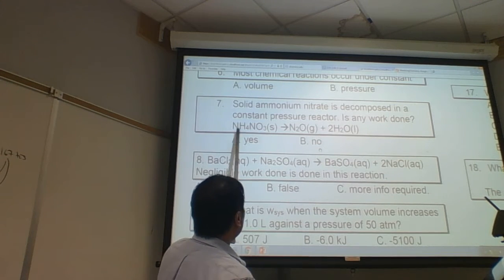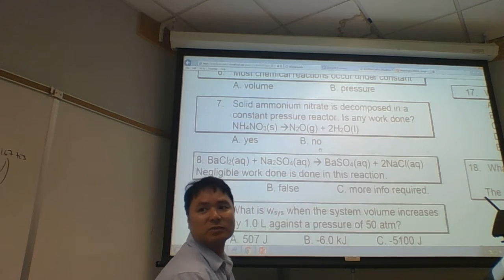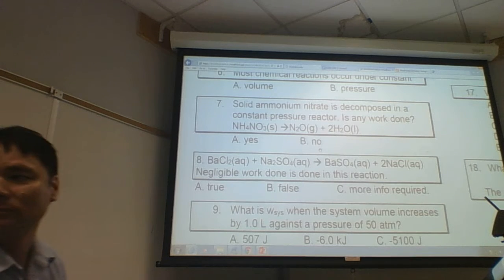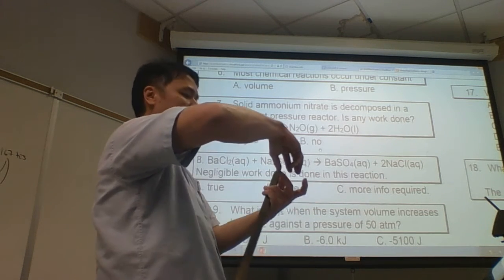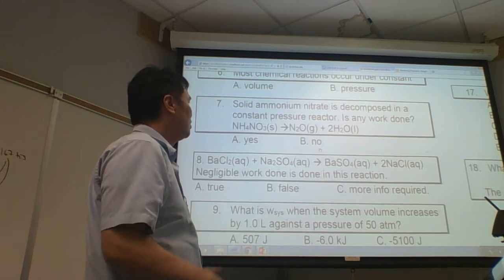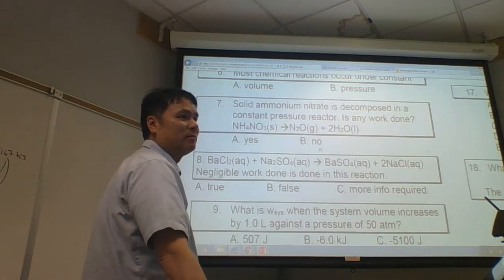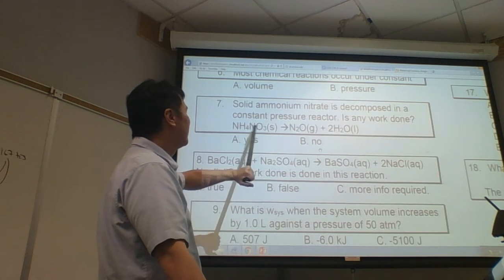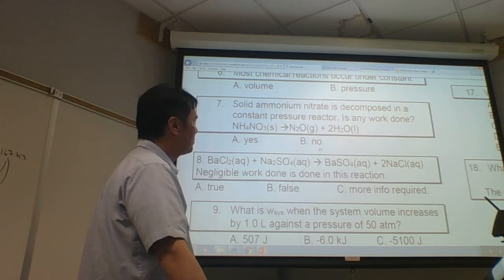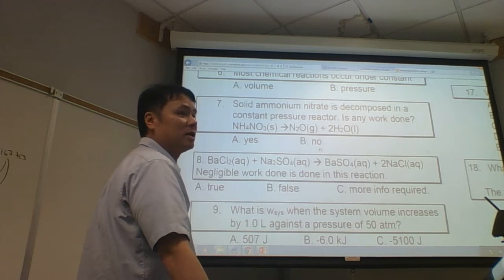So the solid, 1 mole of ammonium nitrate, doesn't take up much space. It'd be like this much. 2 moles of liquid water doesn't take up much space. 2 moles of liquid water is 36 milliliters. Ammonium nitrate's about the same density, so it doesn't take up much space. But N2O takes up space.